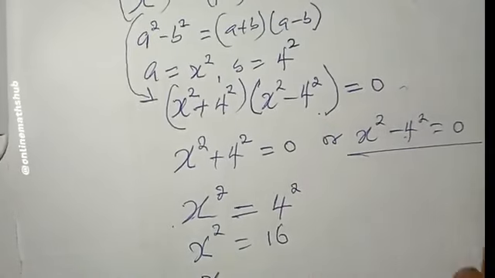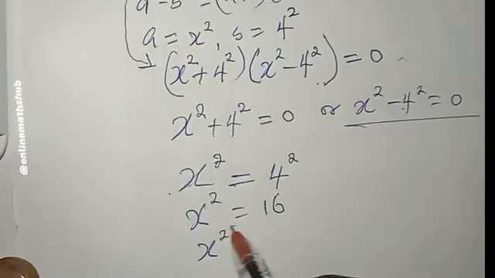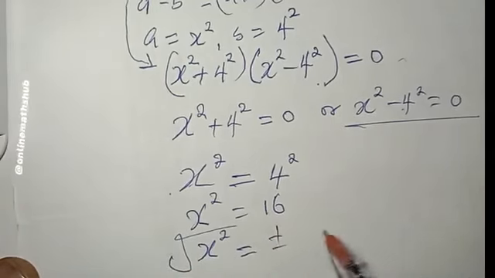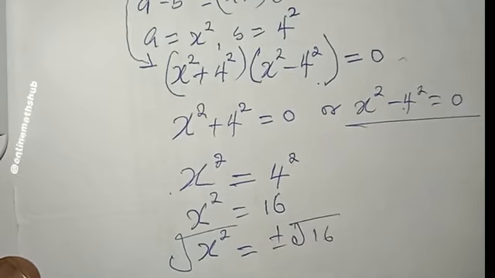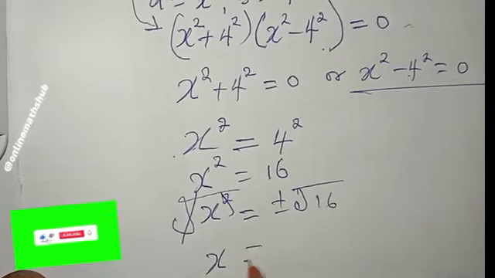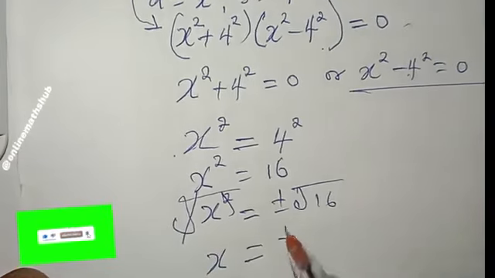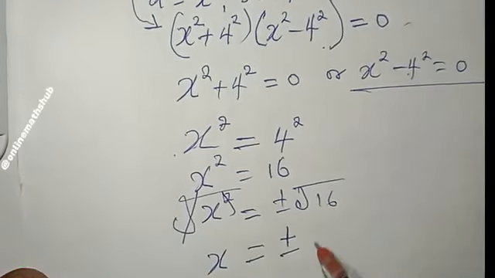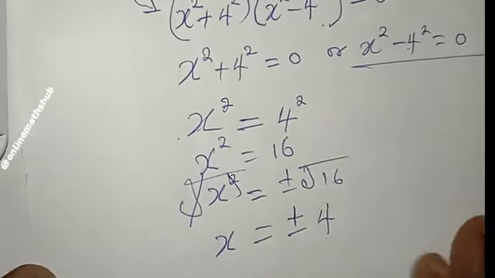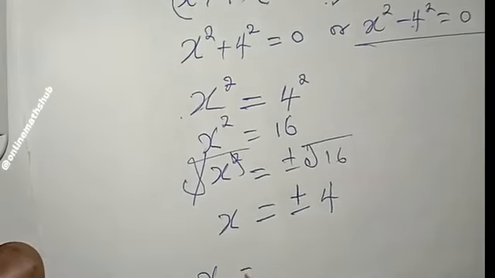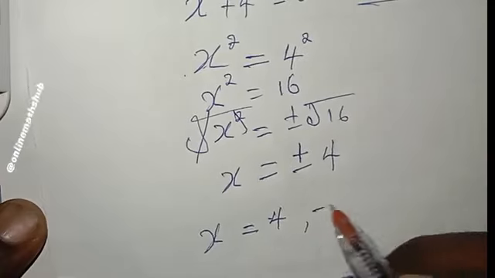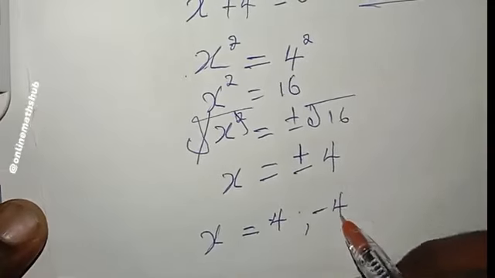So what I'm going to do next is to take the square root of both sides, so plus or minus the square root of 16. This can cancel this, and I'm left with x equal to plus or minus the square root of 16, which is 4. So here we are getting the first two values of x, which is equal to positive 4, and also equal to negative 4.